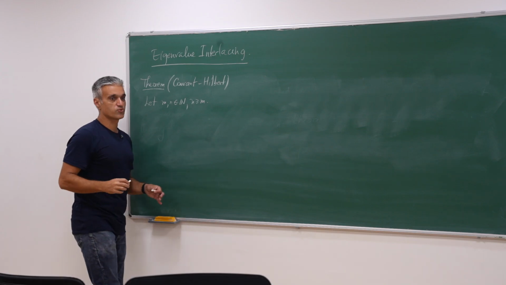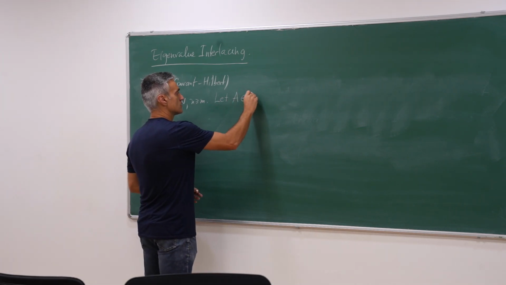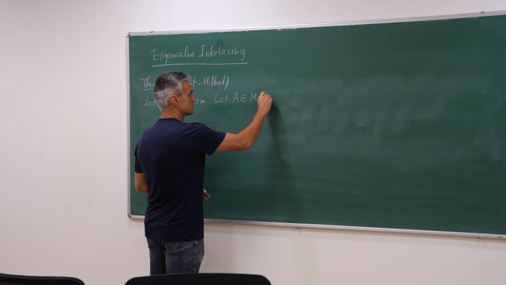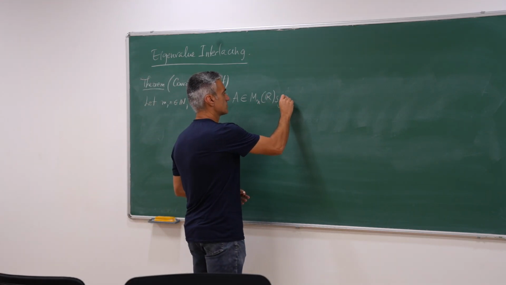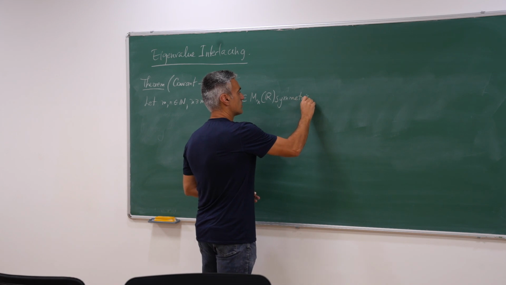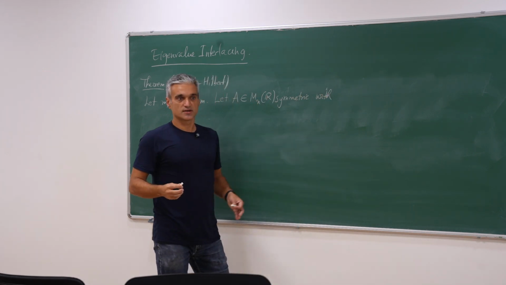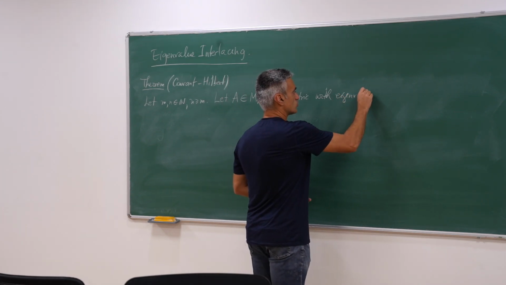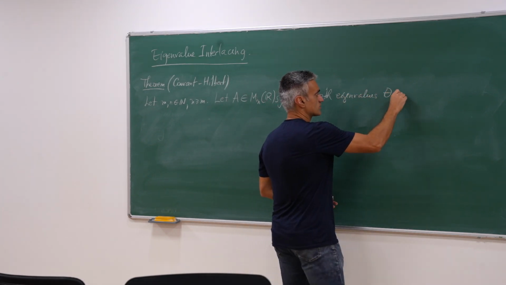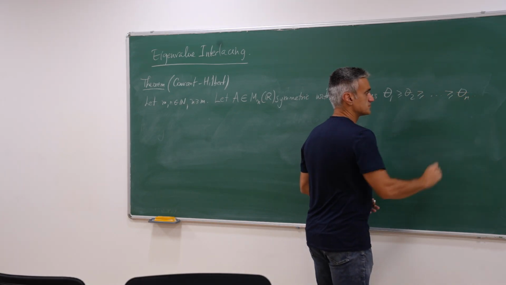Now we'll have one matrix. Let A be a matrix with real entries, which is symmetric. We denote its eigenvalues theta 1 greater or equal to theta 2 greater or equal to theta n.